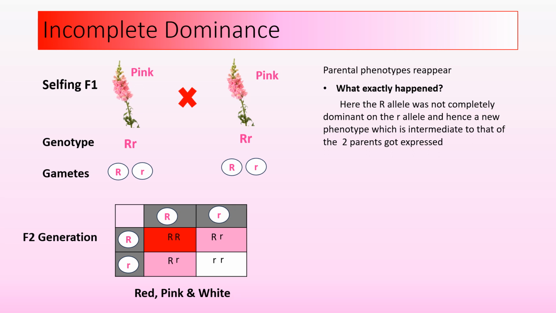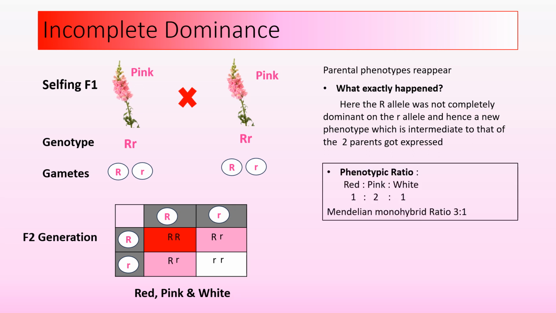So what exactly happened here? The capital R allele was not able to completely dominate over the small r allele, and hence a new phenotype, intermediate to that of the two parents, got expressed. So the phenotypic ratio of such an inheritance is 1 red to 2 pink to 1 white, that is 1:2:1.